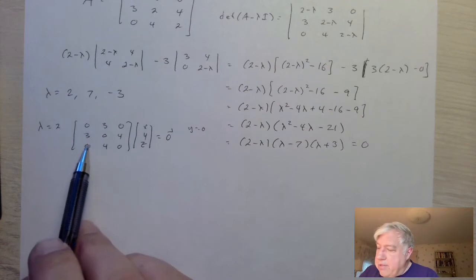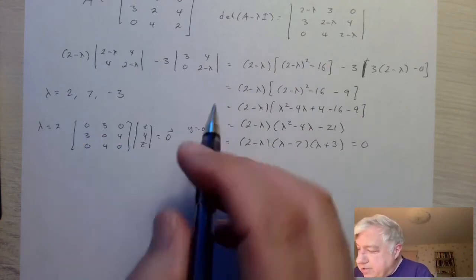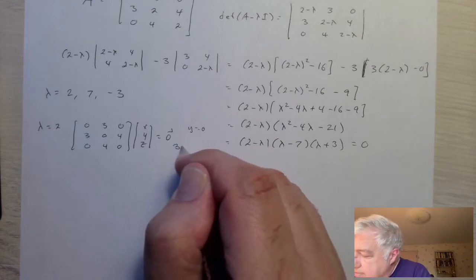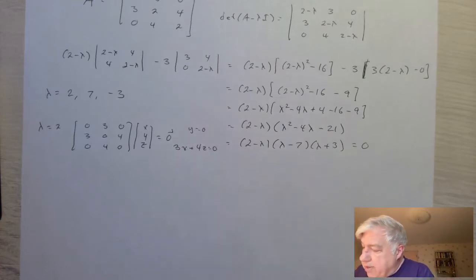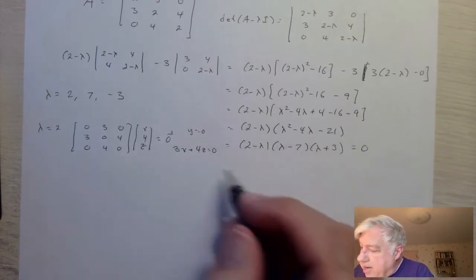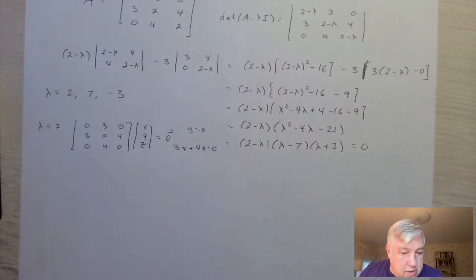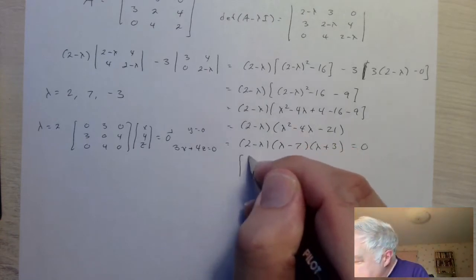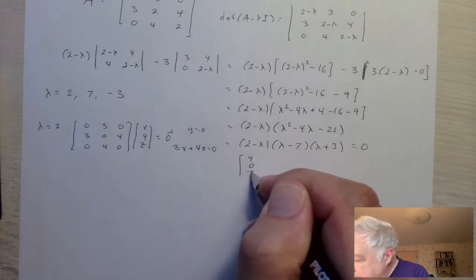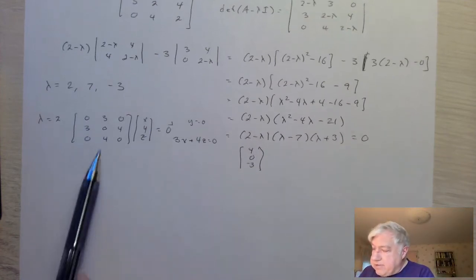And then the second row says that 3x plus 4z equals 0. There are lots of eigenvectors, but you can figure out that (4, 0, -3) is going to be an eigenvector for this.